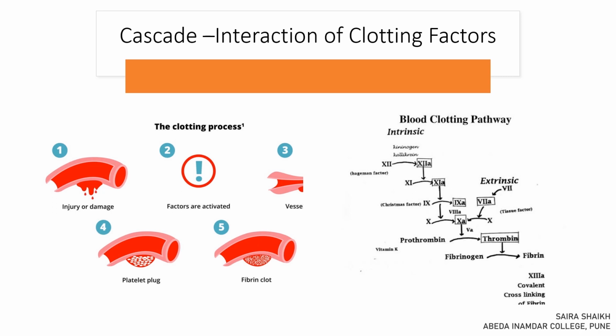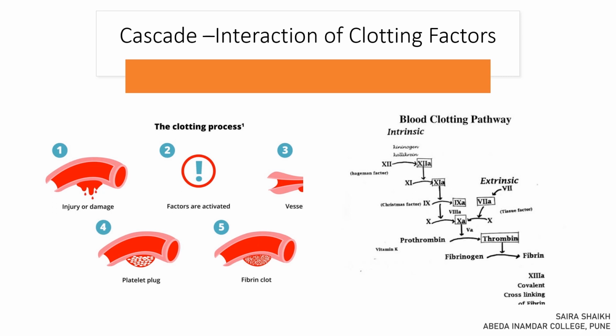The clotting process is initiated by the intrinsic process or the extrinsic process. During this time, the platelets get activated to release the clotting factors. Totally 13 clotting factors are released from platelets. Out of that, the seventh clotting factor is inactive.